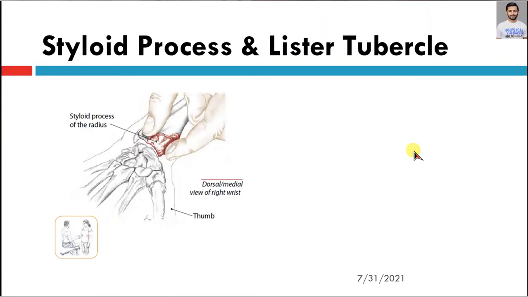The styloid process of the radius is larger. It is easily palpable. You slide your thumb and index finger from the shaft of the radius distally, just proximal to the wrist joint, and you can clearly find the styloid process, very easy to palpate. And on the dorsal aspect, you find a prominence called Lister's tubercle.